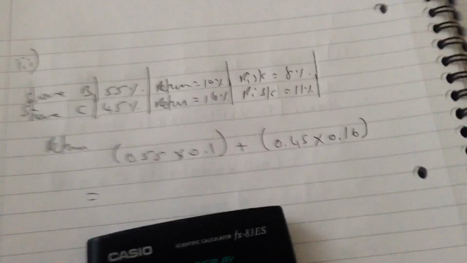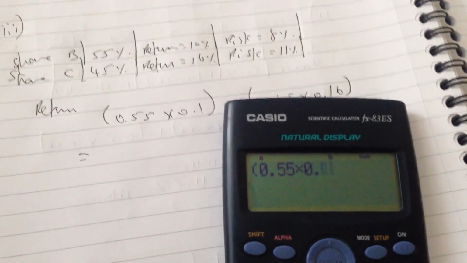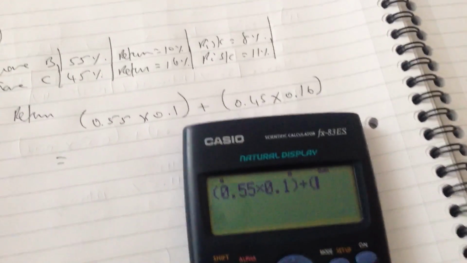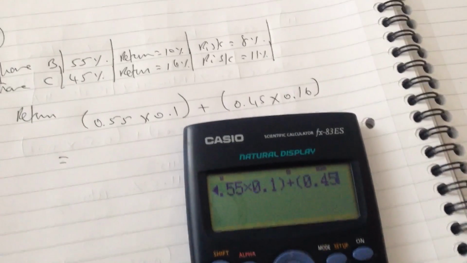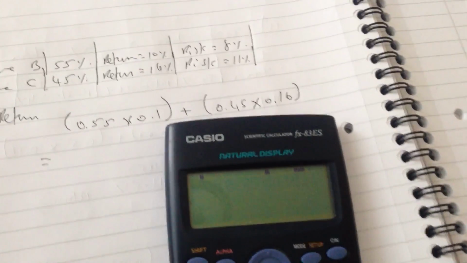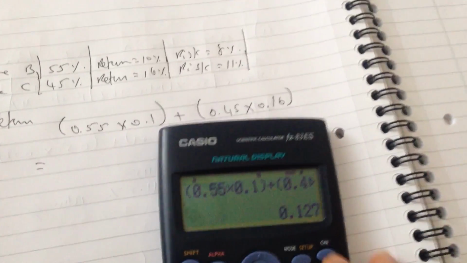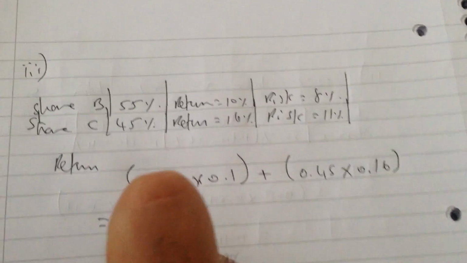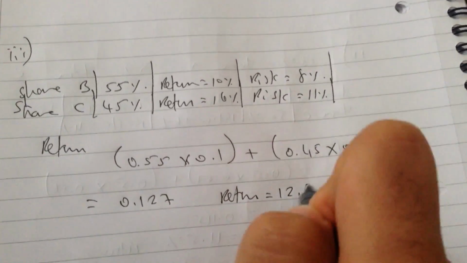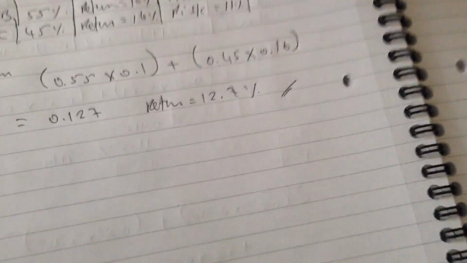Put it into the calculator. 0.55 multiplied by 0.1 plus 0.45 multiplied by 0.16 equals 0.127. So our return equals 12.7%. And now we want to work out our risk.